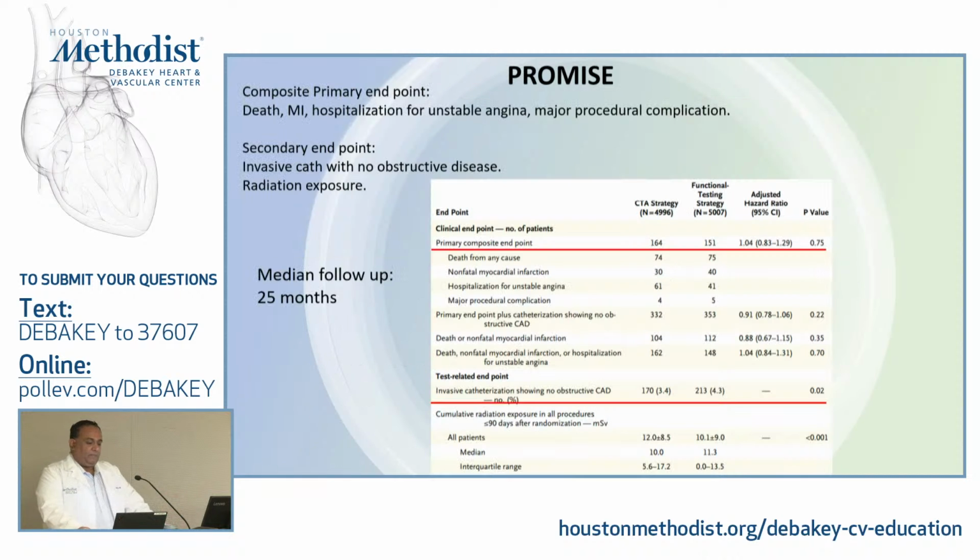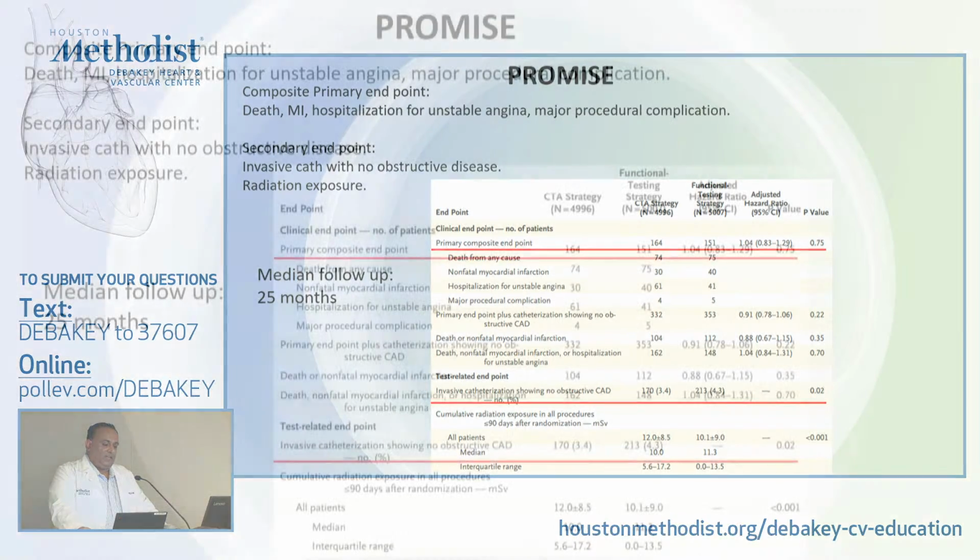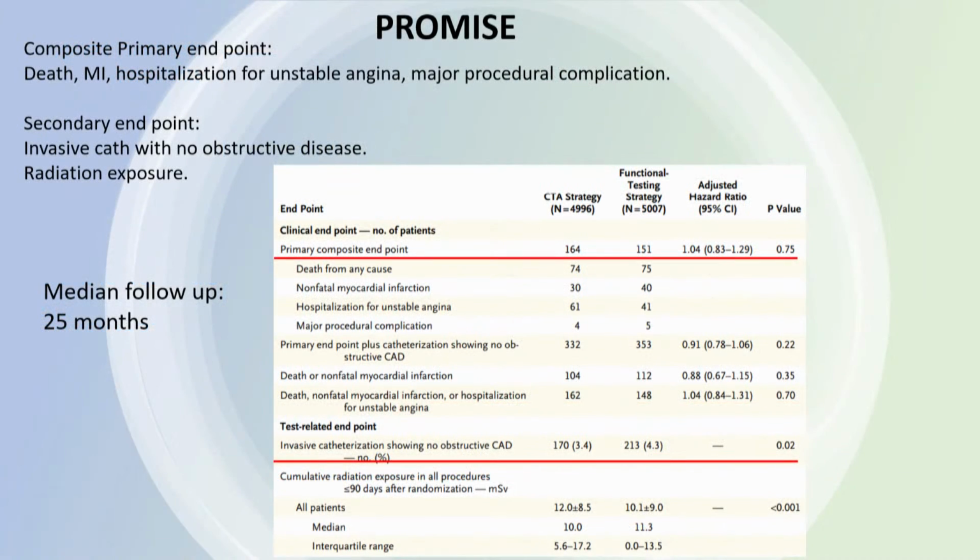Their composite endpoint was MACE as defined by death, MI, and hospitalization for unstable angina. And one of the secondary endpoints was the rate of subsequent cardiac caths that did not show any obstructive disease. And they looked at radiation exposure. The follow-up was a median follow-up of about 25 months.